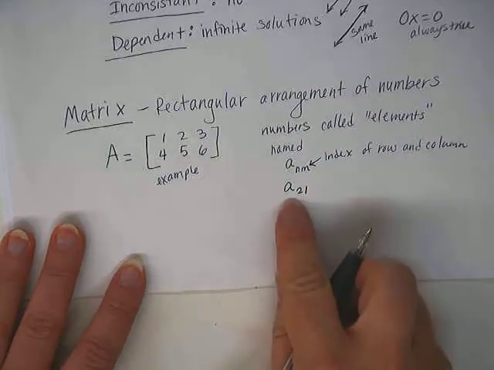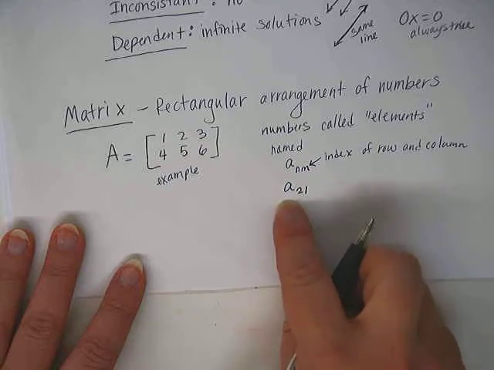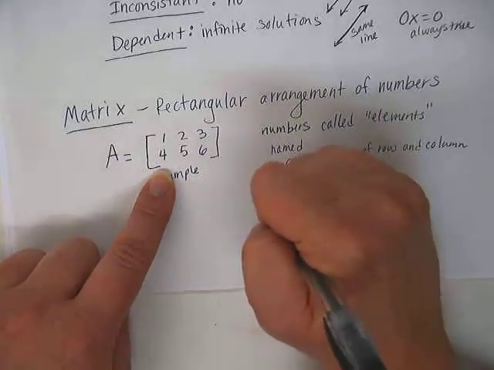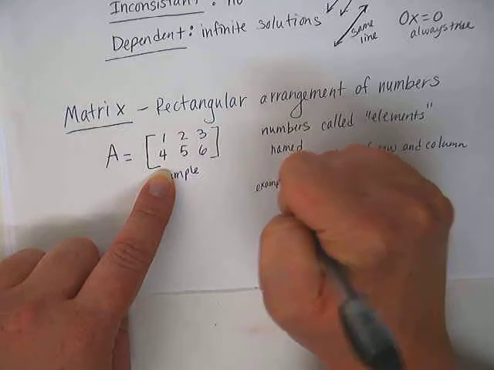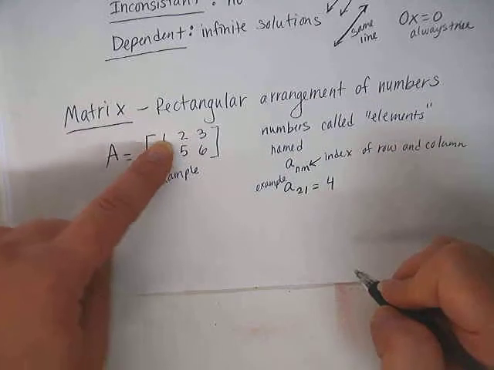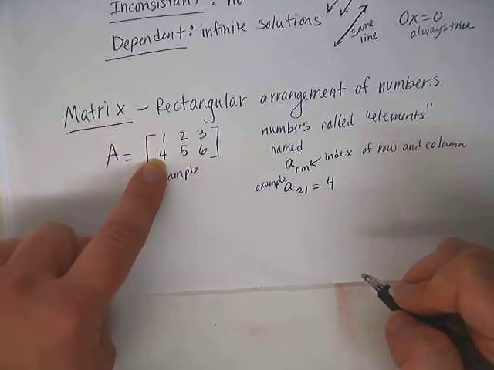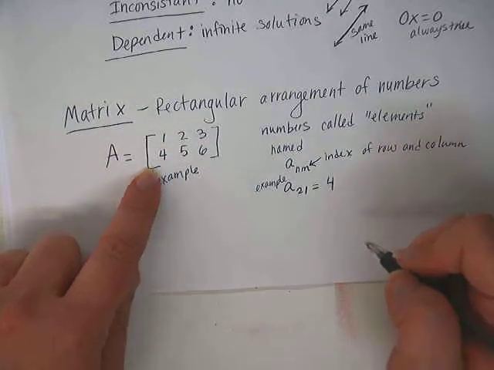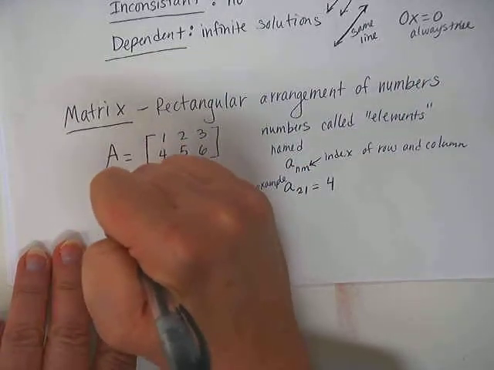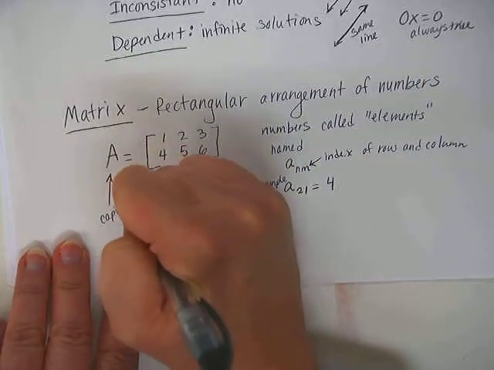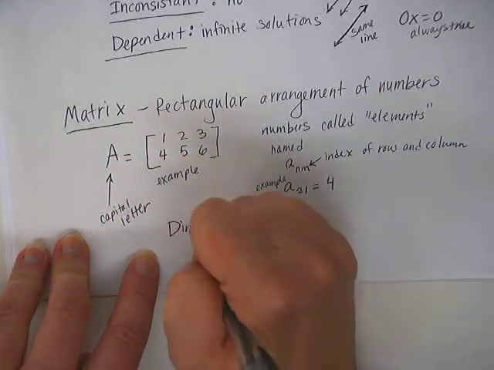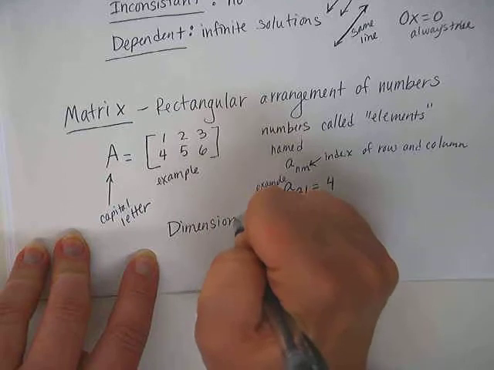So, for example, if I was looking at A2, 1, that doesn't mean A sub 21, it's A row 2, column 1. What number in this particular example is that element? It's the 4, because it's row 2, column 1. Okay? This is always done with a capital letter.